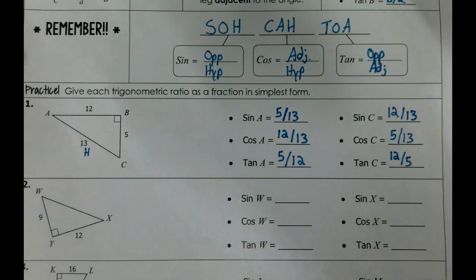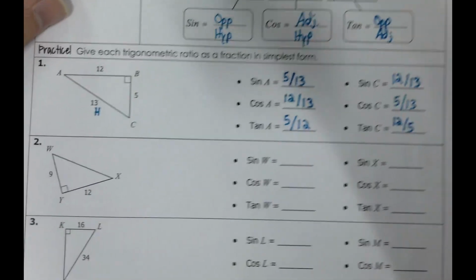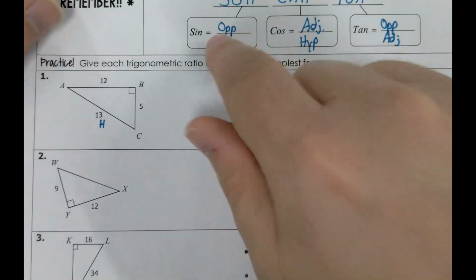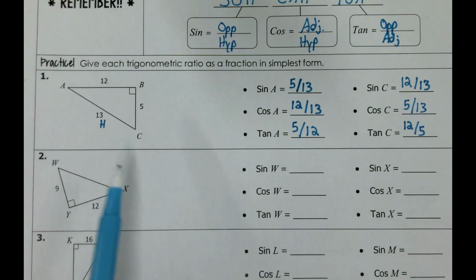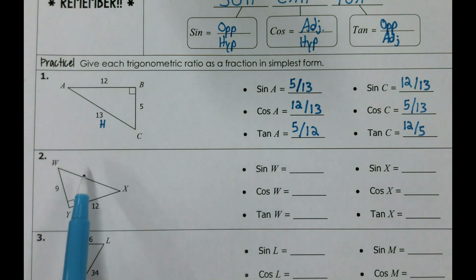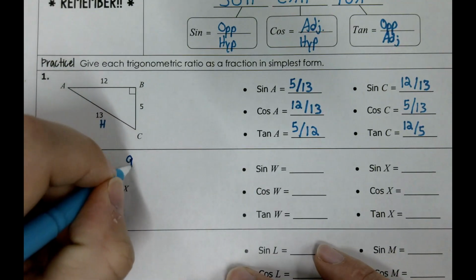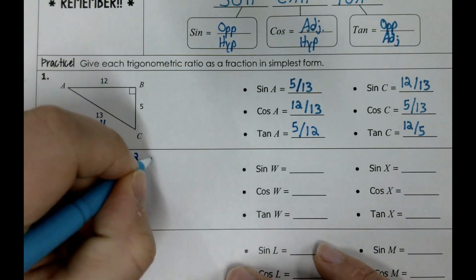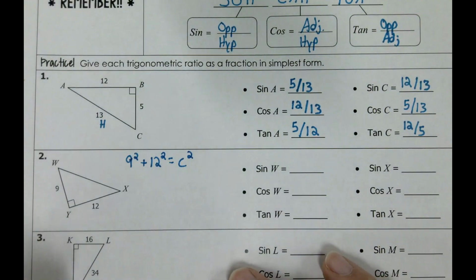So let's take a look at the second one down here. Try to keep the ratios up here so we can kind of refer back to them. So if we're looking at 2, well, we're missing a side here. We're missing the hypotenuse. So we can do a little Pythagorean theorem to figure out what that should be. Well, 9 squared plus 12 squared should equal my hypotenuse squared, the side I'm missing.